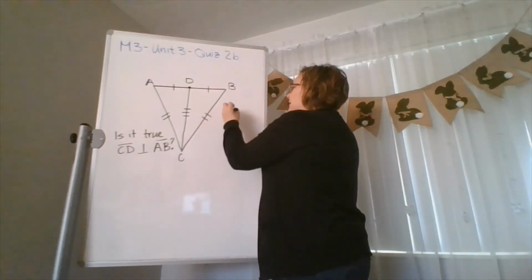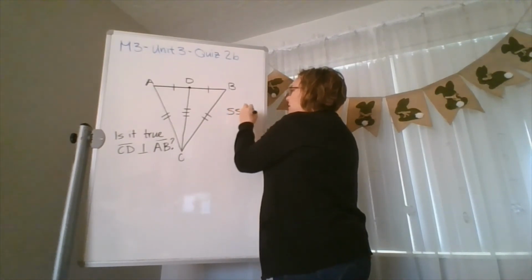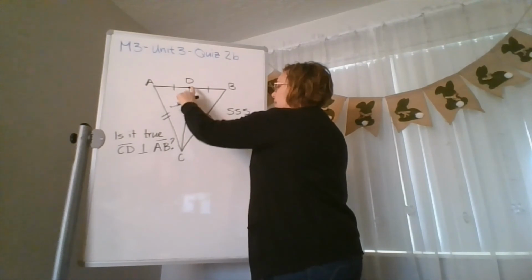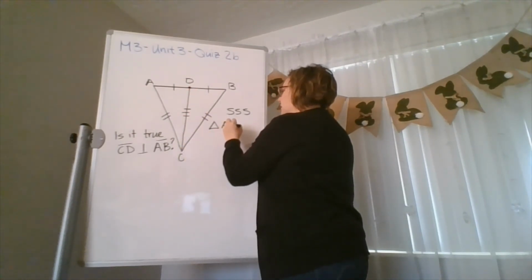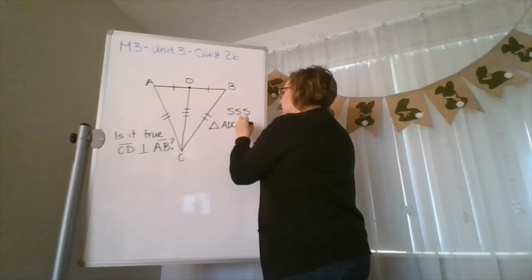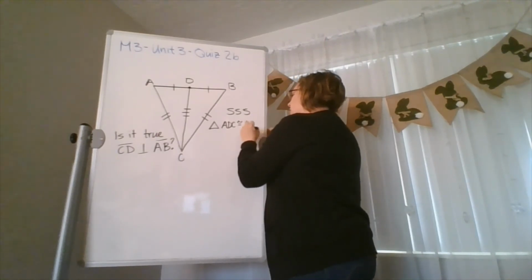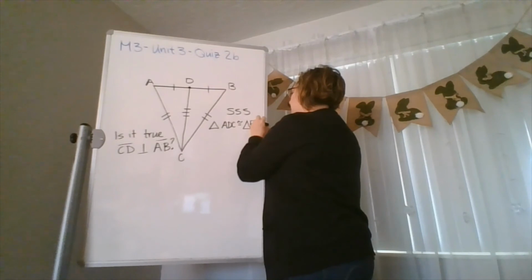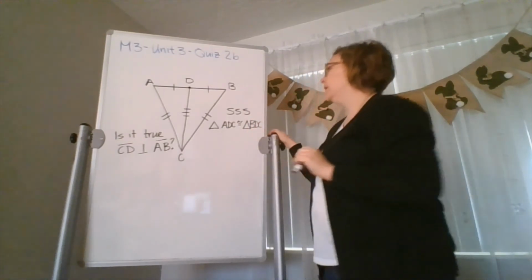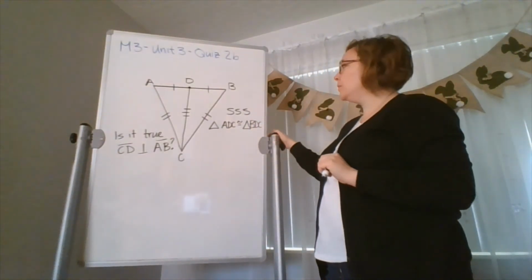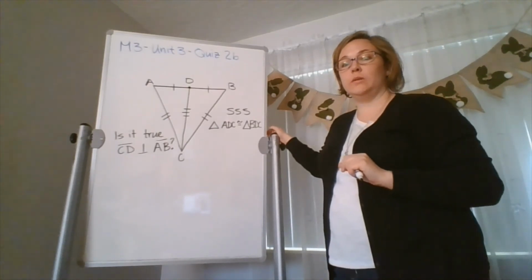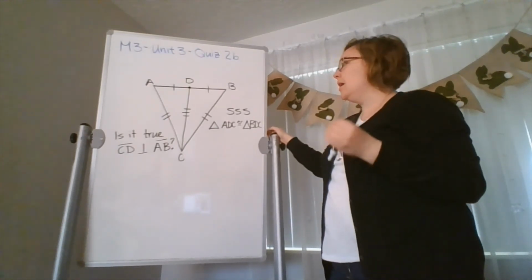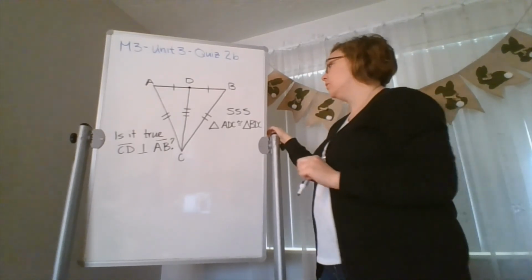So by side-side-side, triangle ADC is congruent to triangle BDC. I'm running out of room. Tiny whiteboard. Okay, so these two triangles are congruent because all three sides are congruent. What does that mean for our angles? Just like the last problem, that means all of our angles are congruent.